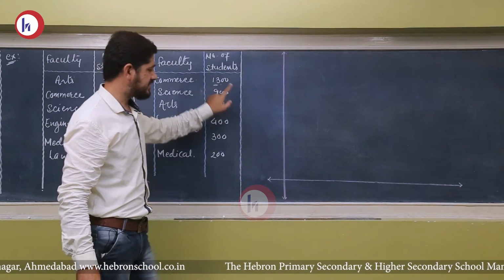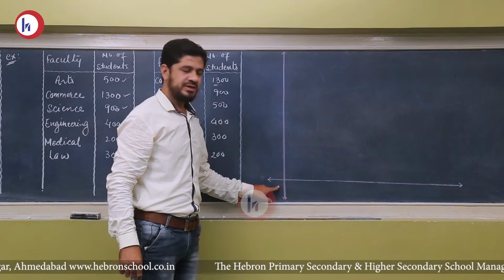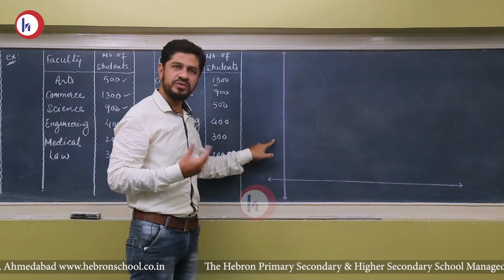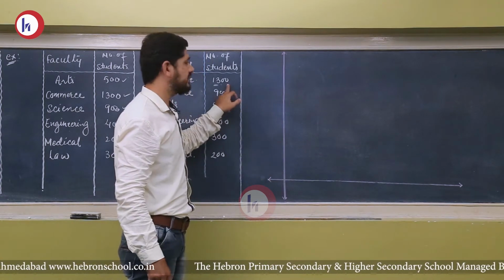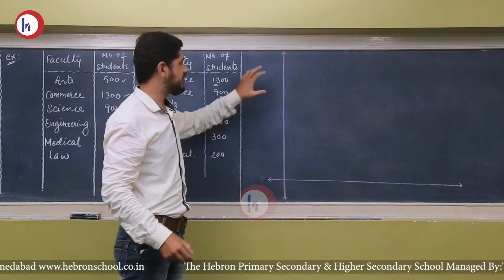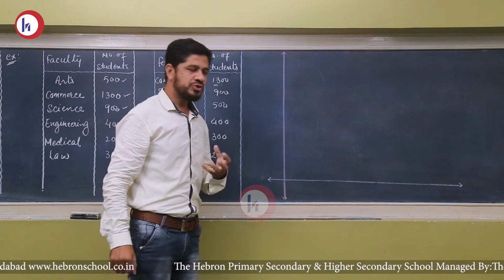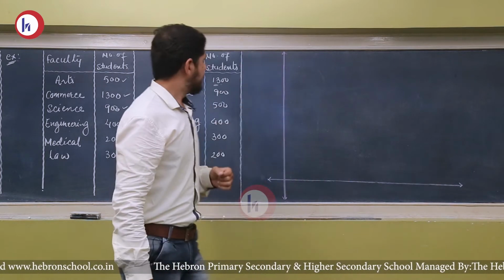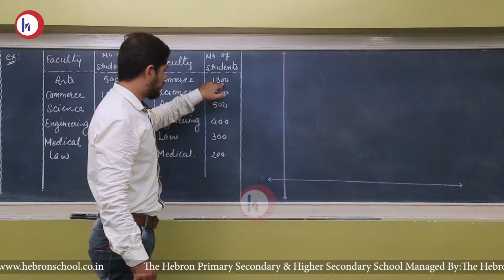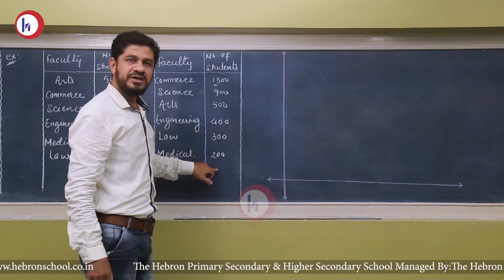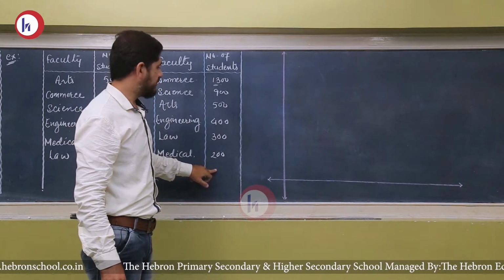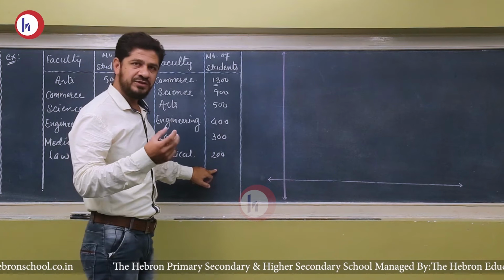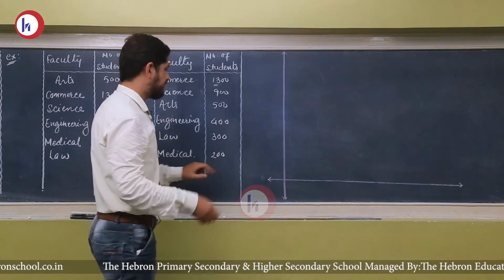If we start from the origin as 10, 20, 30, this highest number cannot be represented. So what should be the difference per centimeter? You can see all values are multiples of 100. So let's take 100 as the difference of each number.